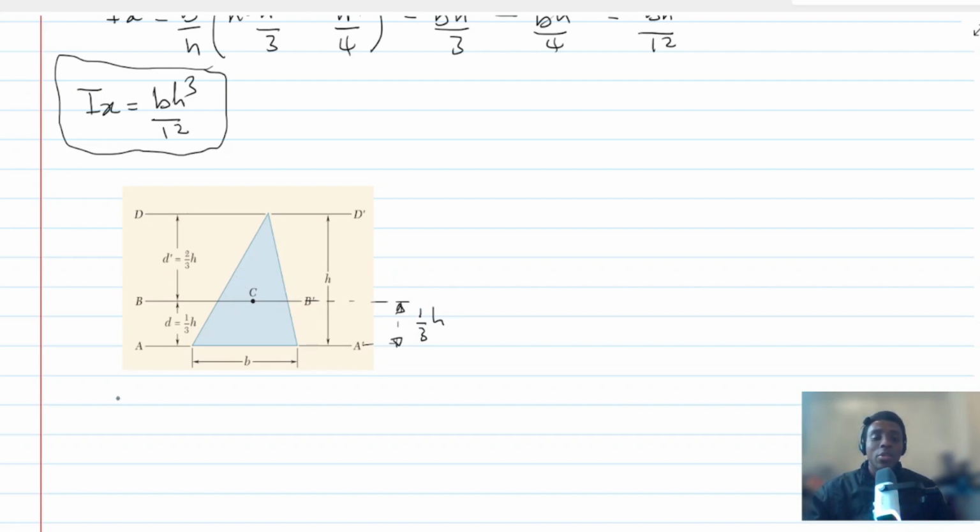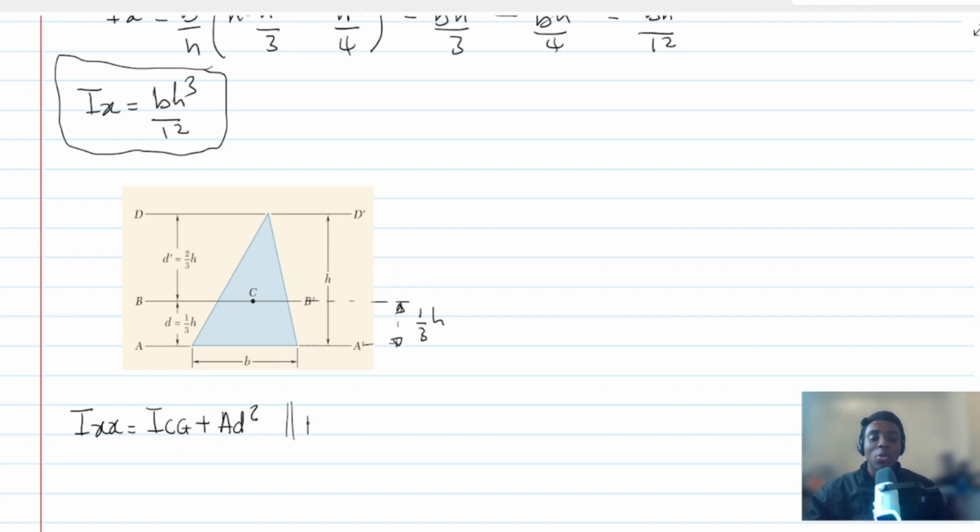There is this formula which we call Ixs is given by ICG plus AD squared. What we are calling AD squared is nothing but the area multiplied by the distance squared between the axes.